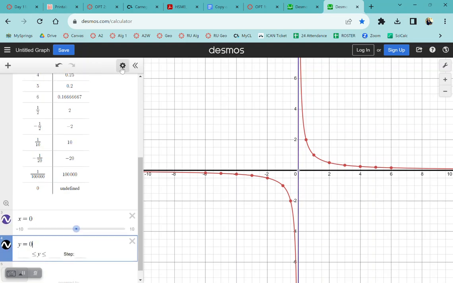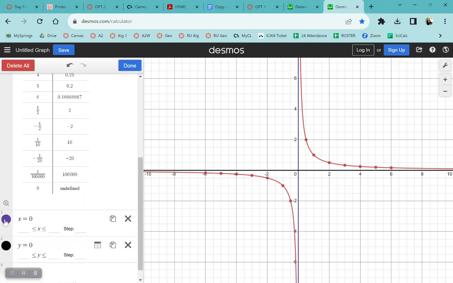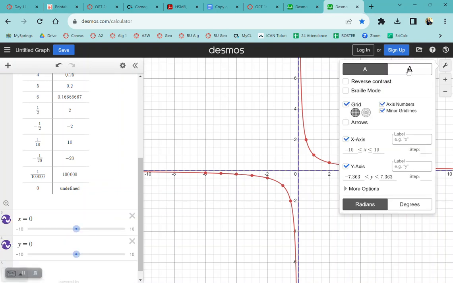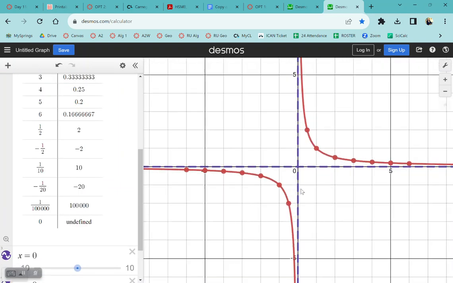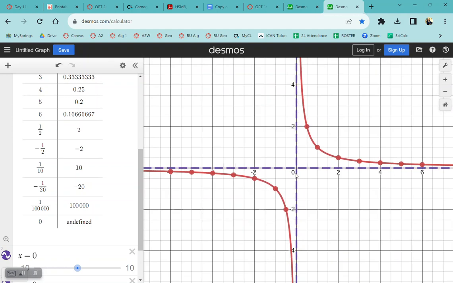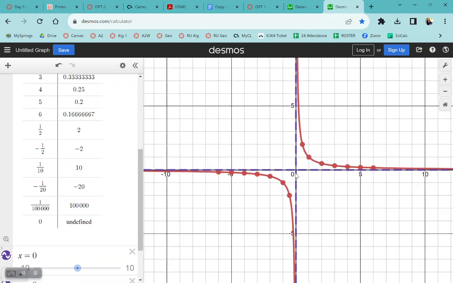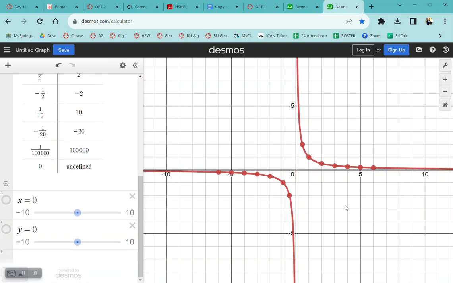What I like to do if I'm making this in Desmos is make them dashed. You can do that if you want to. And I might make them the same color and dashed, and a little bit thicker so that I can see things. So you can see there are the asymptotes. But it's not necessary. If I make these go away, you can still see kind of where they are. We can visually see them. It's just we don't have them drawn.